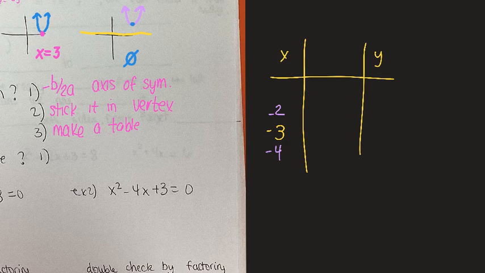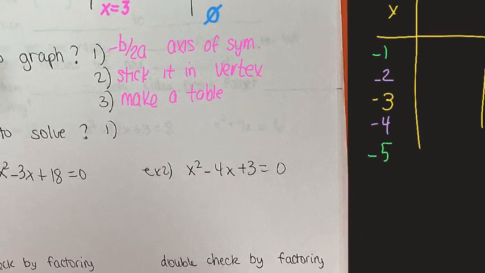Then I would pick -1 and -5. I just thought that was really clever how she put it in the dead center. I don't know, why didn't I think of that? I was a little jelly of her.